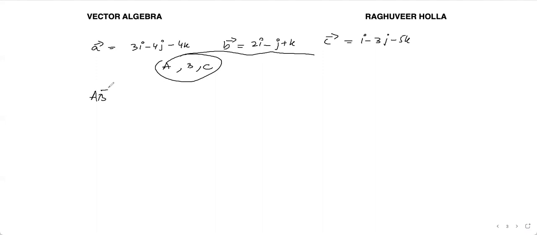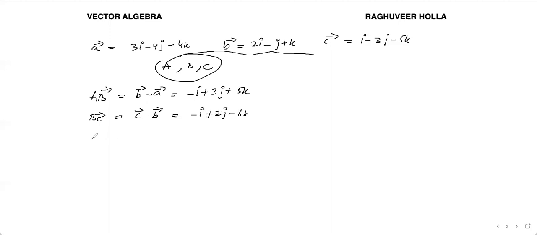So AB will be B minus A, which is minus i plus 3j plus 5k, and BC will be C minus B, which results in minus i plus 2j minus 6k, and CA is A minus C, which is 2i minus j plus k.